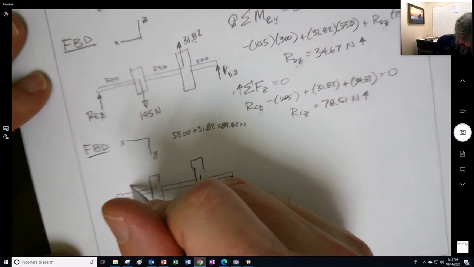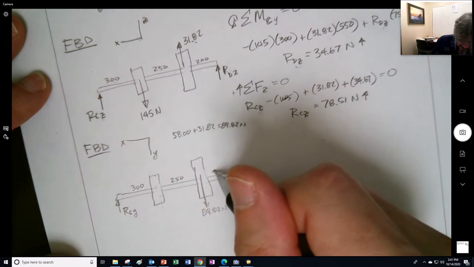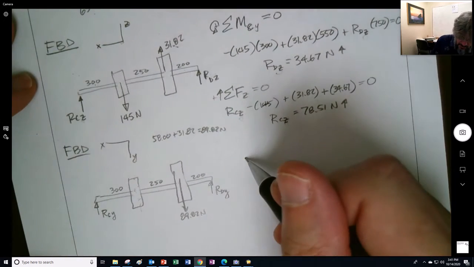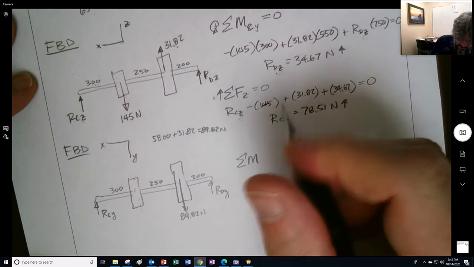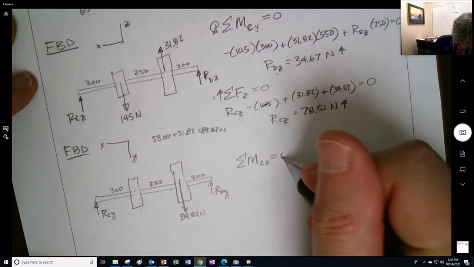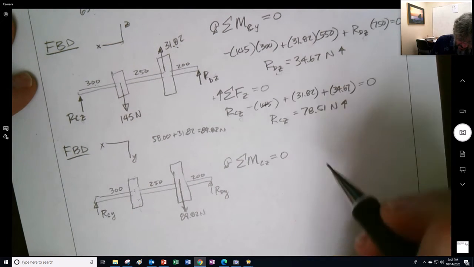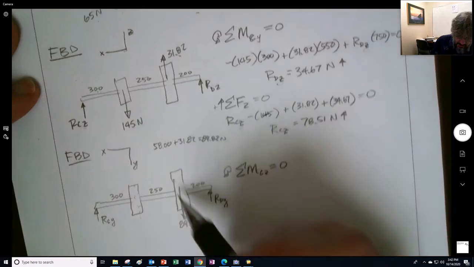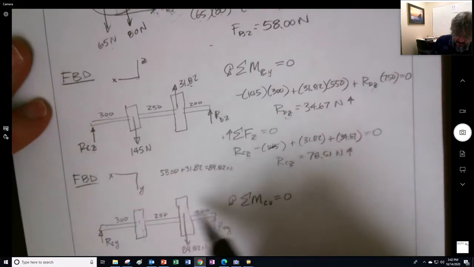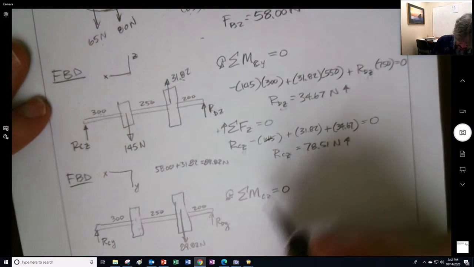Jump the gun. And here's 300, and here is 250, and here's 200, and now we're ready to go with the sum of the moments about C, and now it's about the Z-axis that we're doing the thing for, right? And we'll pick as the page. Is that correct? Yeah, that is right-hand rule. We're still okay with that. All right.